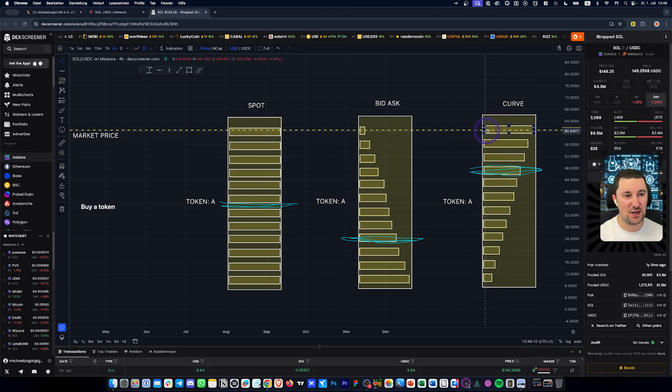In this case, for DCA into the token, it's not the best option, because you will buy the most amount of token at the current market price, and when the token goes down, you will face a much bigger impermanent loss than when you go with a bid-ask. But you can also use it, for example, for some bounce moves.